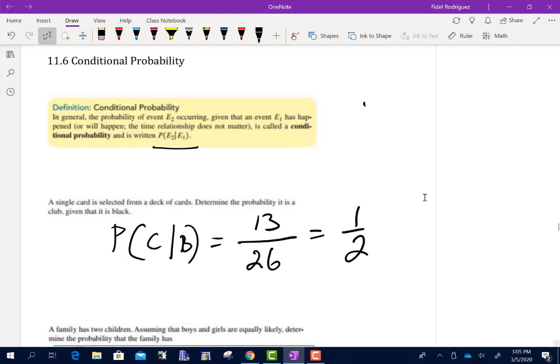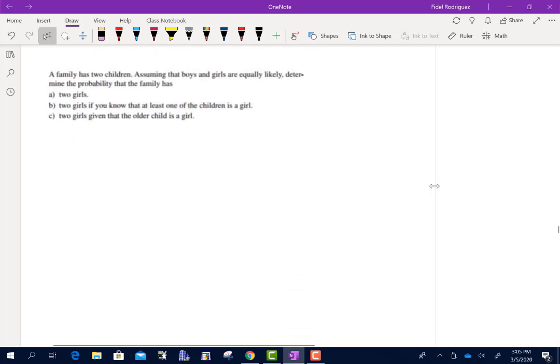All right, let me scroll down to the next piece over here. It says a family has 2 children. Assuming that boys and girls are equally likely, determine the probability that the family has 2 girls. Okay, so I'm going to go ahead and draw a tree diagram, kind of like the way we did in one of the other sections.